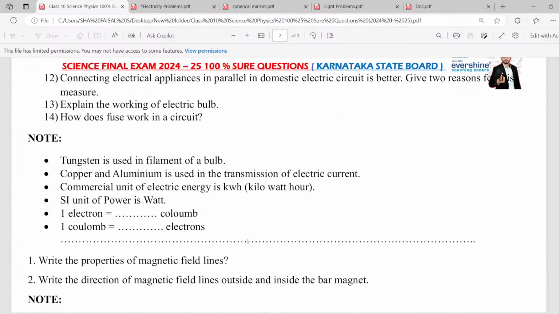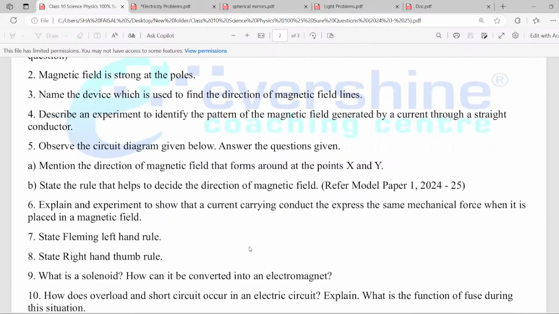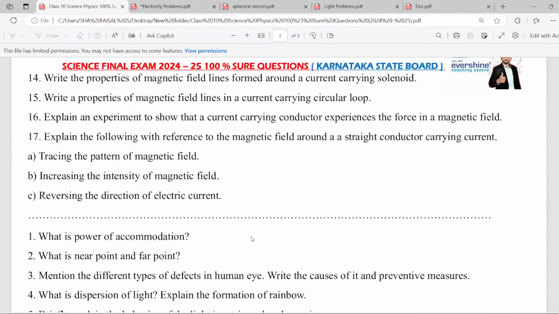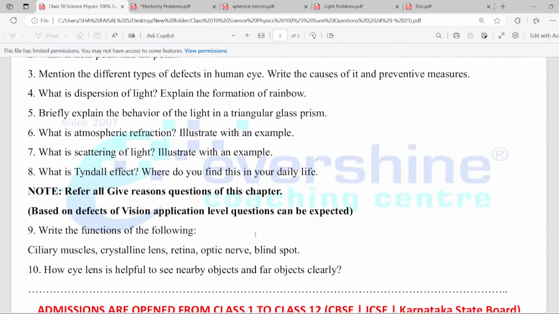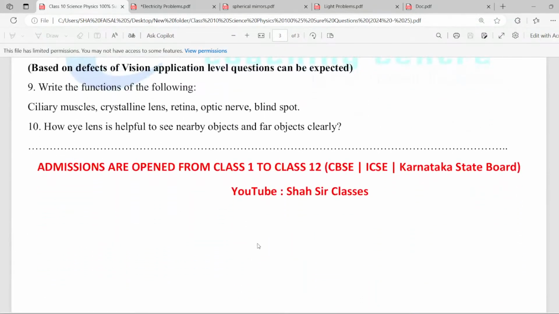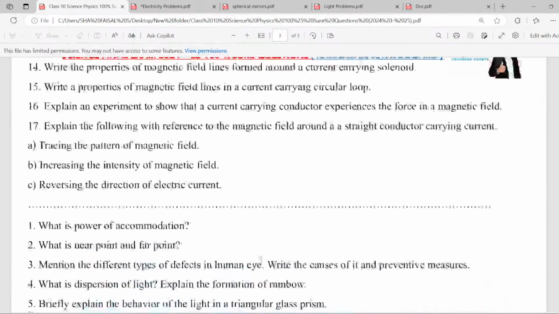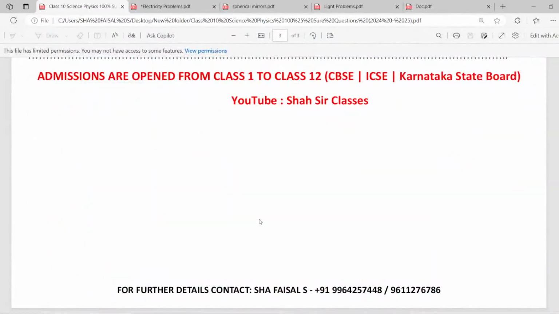These are the questions from the chapter electricity, and these are the questions from the chapter magnetic effect of electric current. And these are the questions from the chapter human eye and a colorful world. So as you can see, these are the questions from the physics part, and also some questions we have discussed in our previous parts, like part 2, part 3, part 4 and part 5.